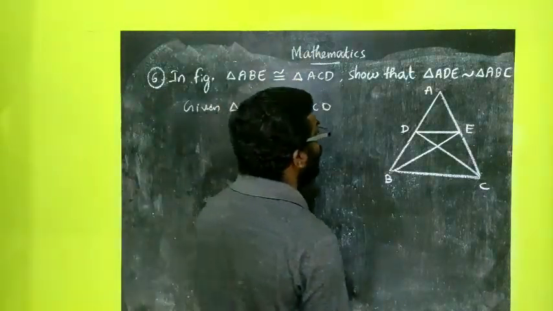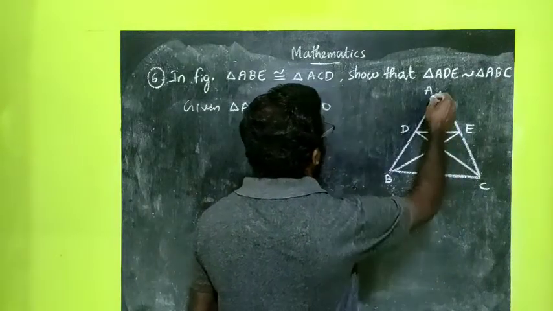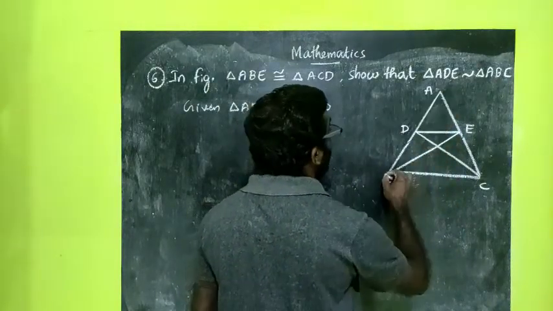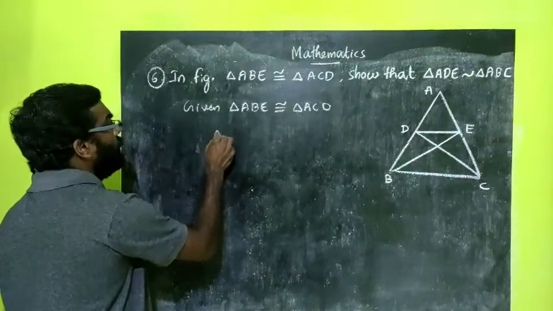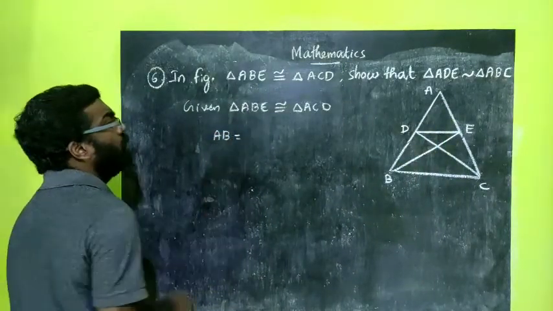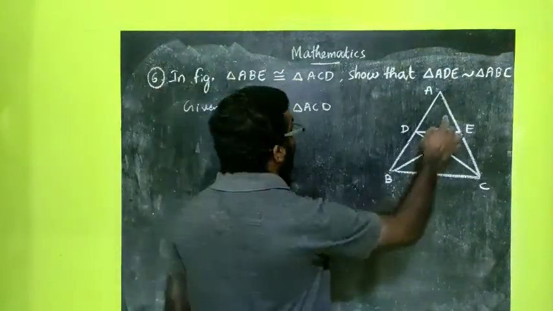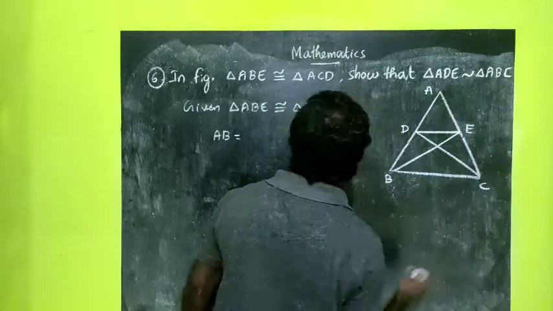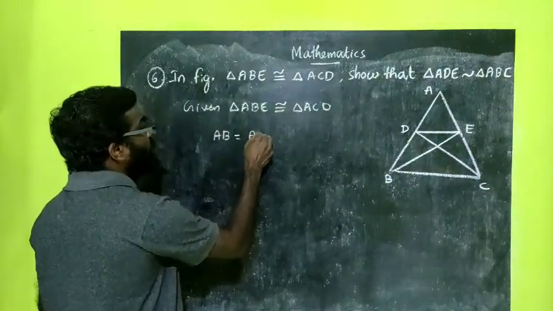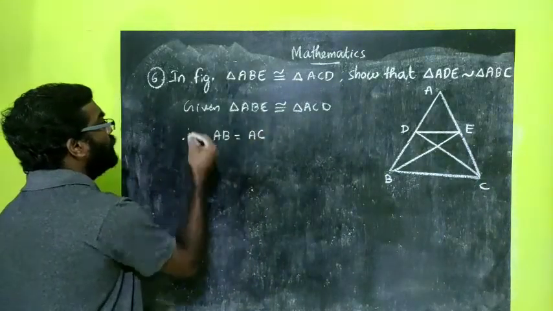So here we can take the corresponding sides. In triangle ABE, we can take the side AB, the longer side AB. So AB is equal to, here in triangle ACD, the corresponding side is AC. So we can write AB equal to AC.